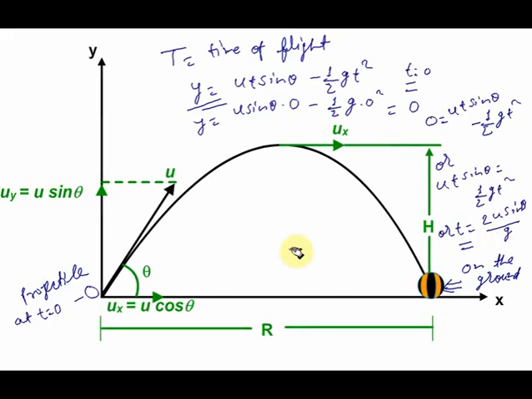So after this time, that is 2u sine theta by g, the displacement along y direction is again 0. So this is our time of flight, that is t is equal to 2u sine theta by g.